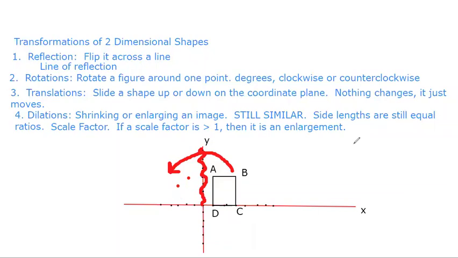So one surefire way to do that is to count your spots. So the first vertex is how many places from your reflection line. How many units out is that? That's 1 unit on the positive side.